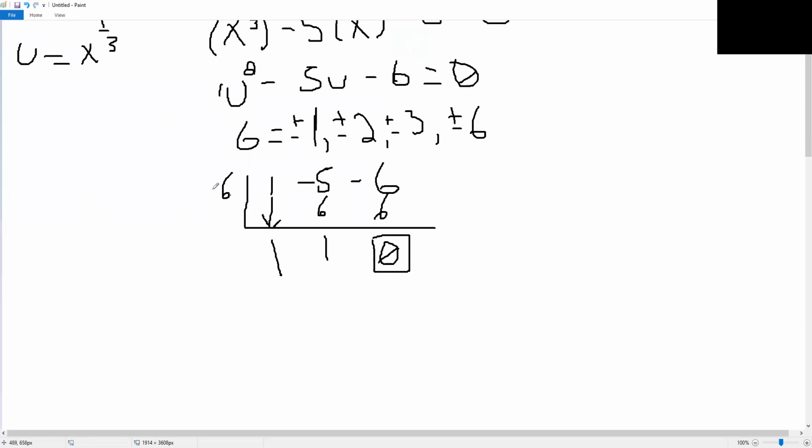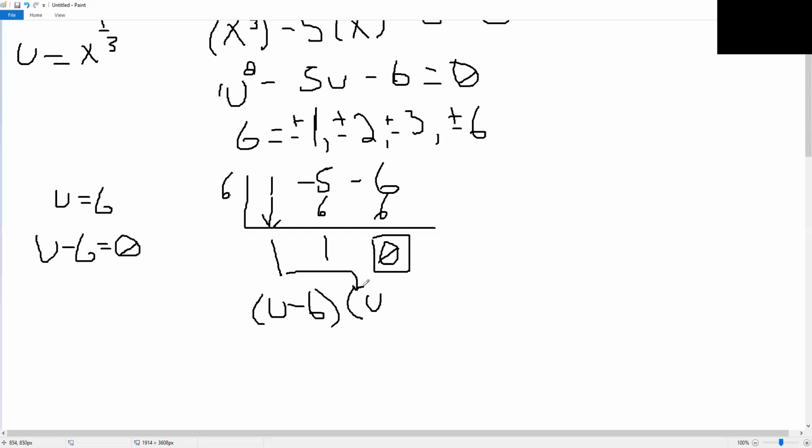So let's rewrite this. We know that this 6 is u equals 6. If we reverse engineer that, that's u minus 6 equals 0. And we can just write u minus 6 as one of the solutions. And then we can write also that this 1 is in front of this u right here.